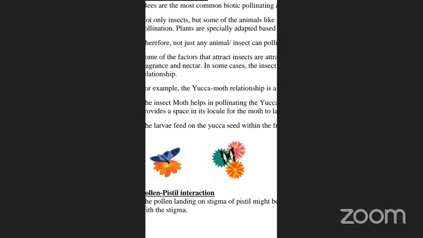Then at the same time moving to surrounding flowers and absorbing the honey, that time transferring the pollen grains. See here in the diagram, touching one flower and at the same time touching the remaining three flowers.